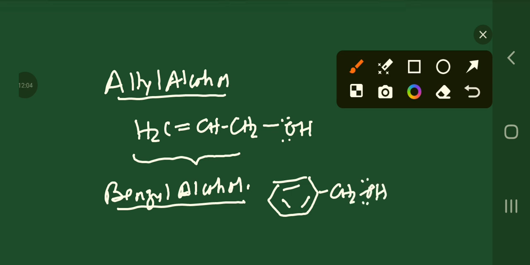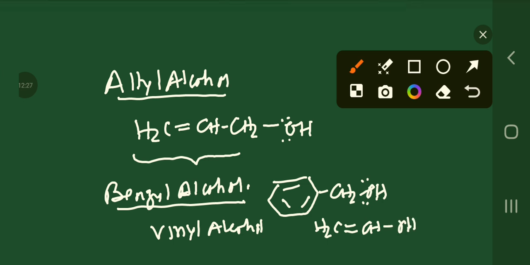Again, oxygen has two unshared pairs of electrons. This is benzyl alcohol. It is also a primary or 1 degree alcohol, and the last one is vinyl alcohol. This is H2C=CH-OH. So the H2C=CH part is the vinyl part.